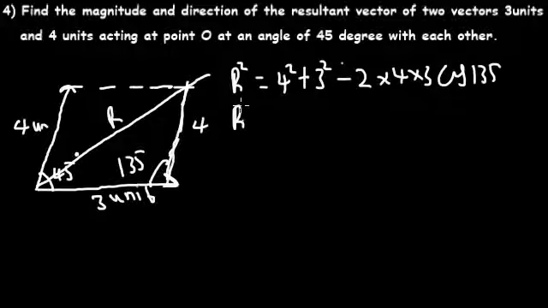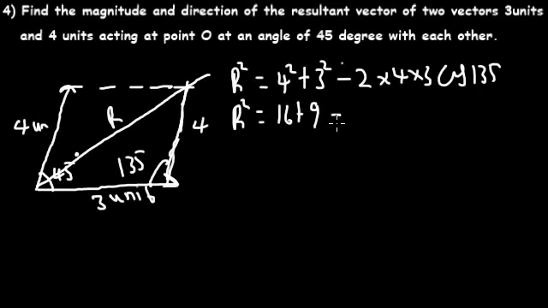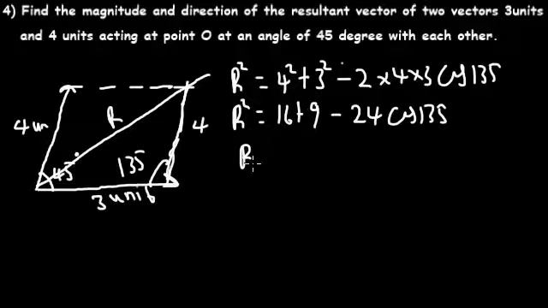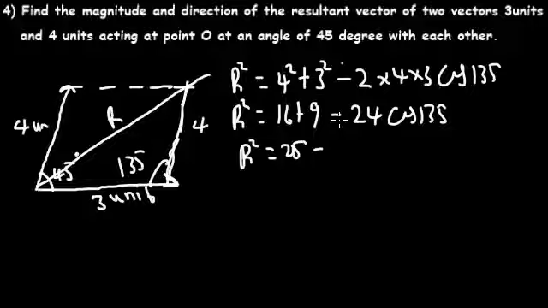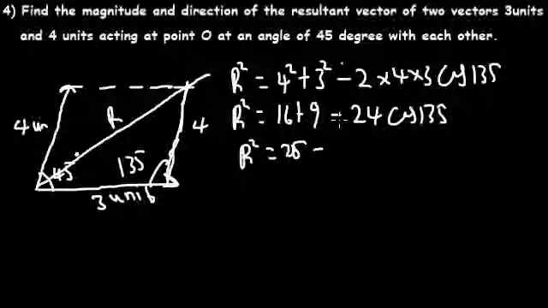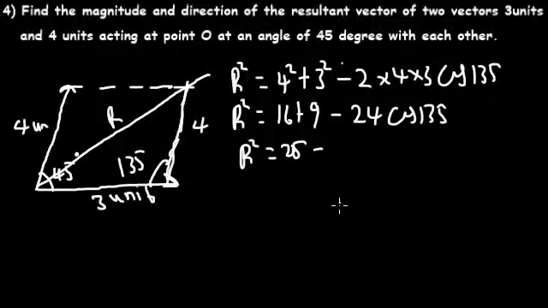So this one is cos 135. Perfect. So r squared is equal to 4 squared, which is 16, plus 3 squared, which is 9, minus 2 times 4 times 3, that's 24 cosine 135. So we have r squared equals 16 plus 9 is 25, minus 24 cosine of 135. Okay, so I got negative 16.97.